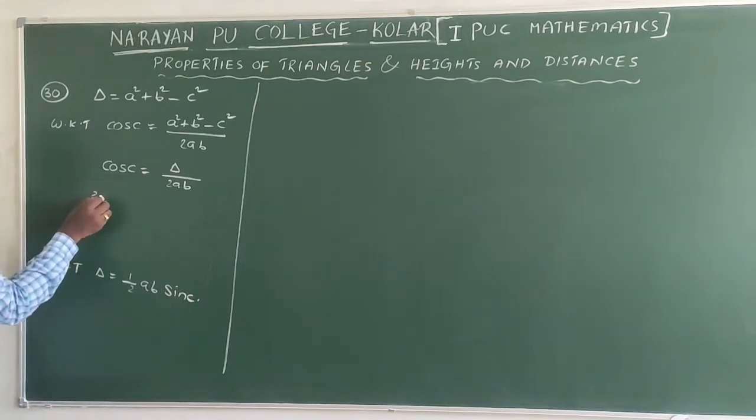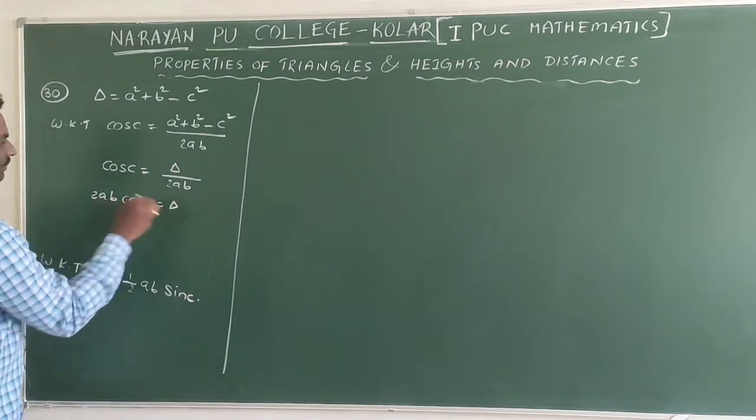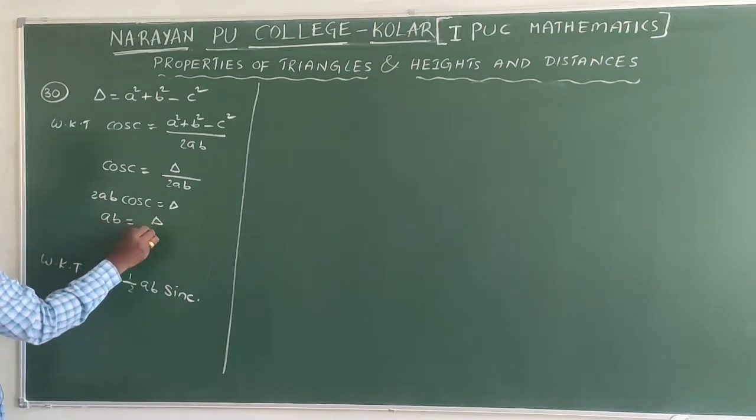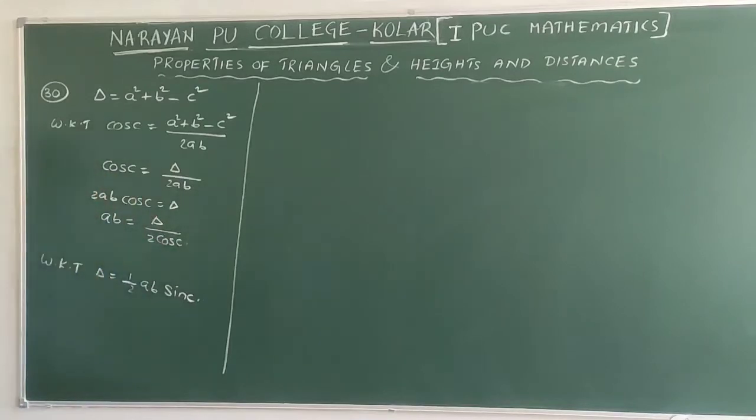If you cross multiply, 2ab cos C is equal to delta. From this I can write ab is equal to delta by 2 cos C. You substitute this ab value here.